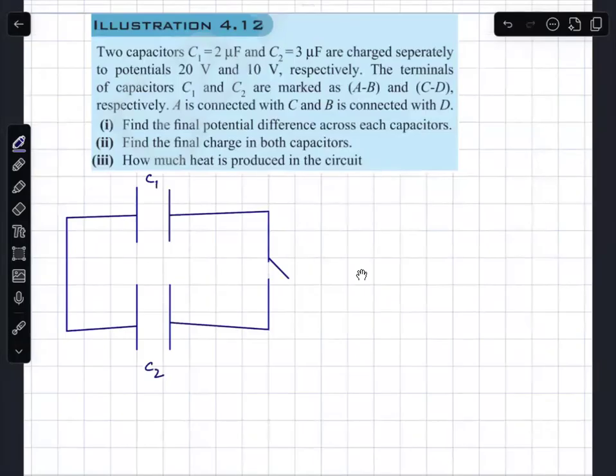And the terminals are labeled as A and B, and for C2 they are C and D. Now A is connected with C and B is connected with D. Now please remember plus plate, minus plate, plus plate, minus plate.